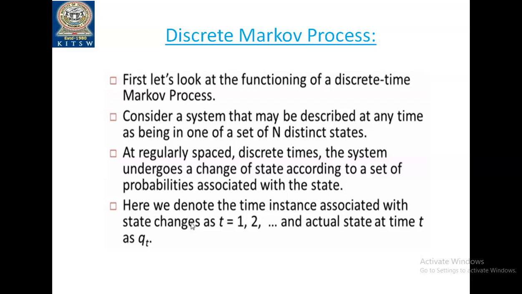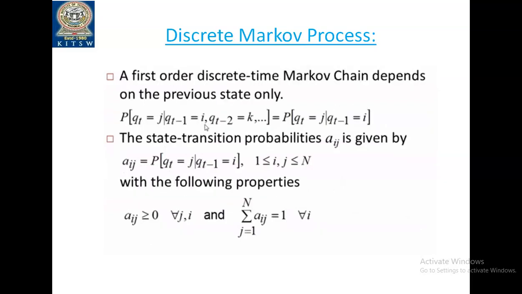Now we look at the probabilities associated with each and every state in the discrete Markov process. The first order discrete Markov process is also called a Markov chain, which depends upon the previous state only.